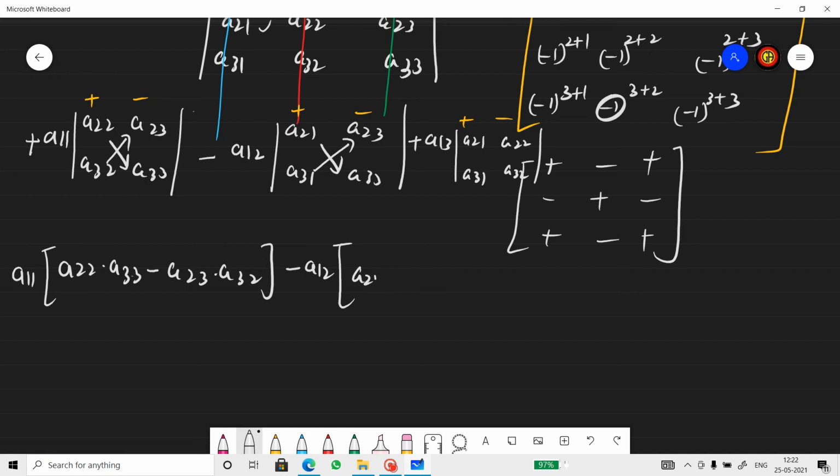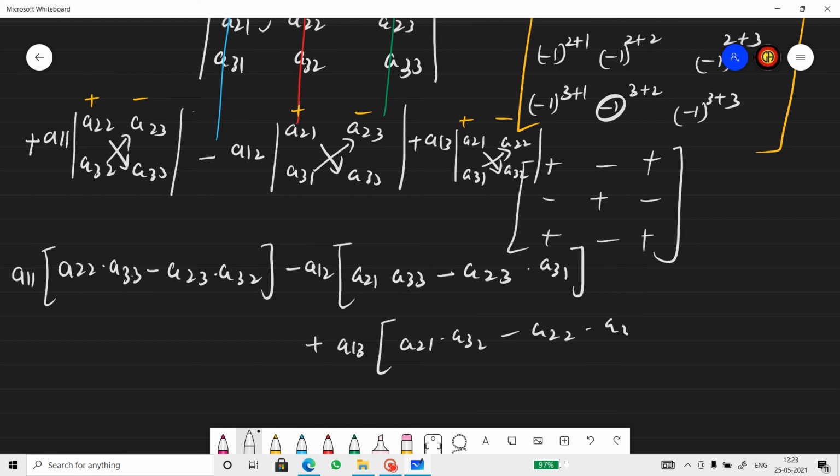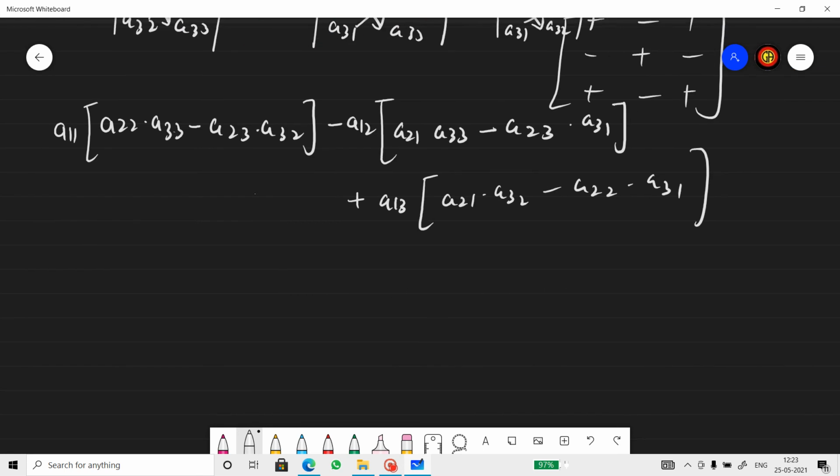So A21 A33 minus A23 A31. Then it's plus A13 into this minus this. So A21 into A32 minus A22 into A31. Okay. Well, with the AIJ format, it's a bit confusing. Let's take a sum and explain this.